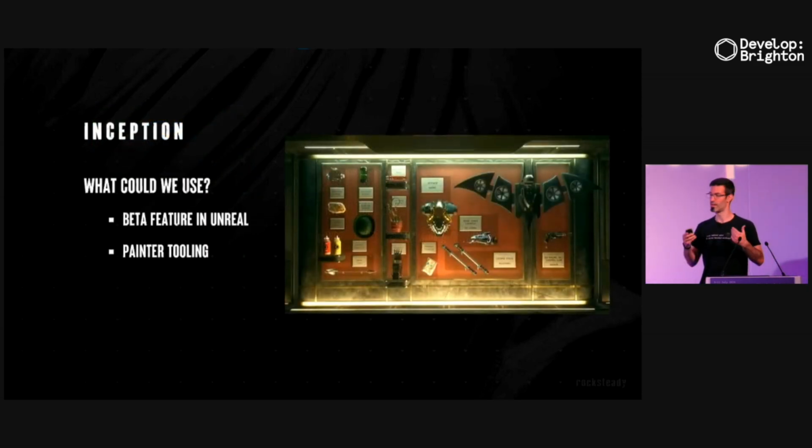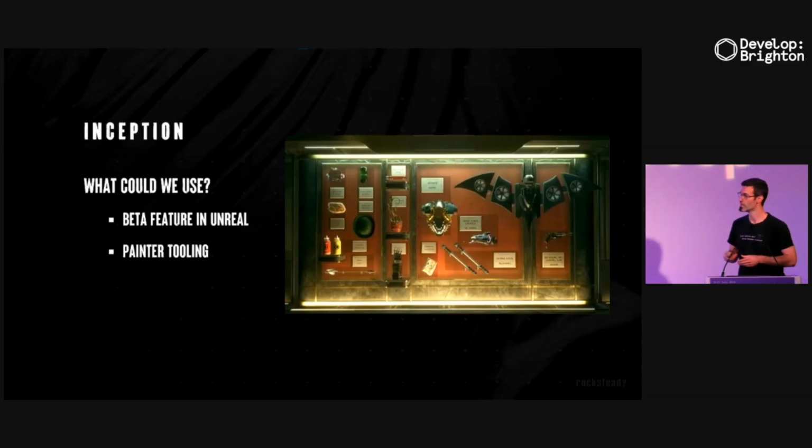Unreal had, at that time, we were using Unreal 4, a material layering feature, but it was in beta, so it was not advised for production, so that was a risk that we had to consider. We ended up using it. It didn't give us everything that we needed, but it was a head start. We used a bunch of it. And then also we wanted to use Substance Painter for our texturing.